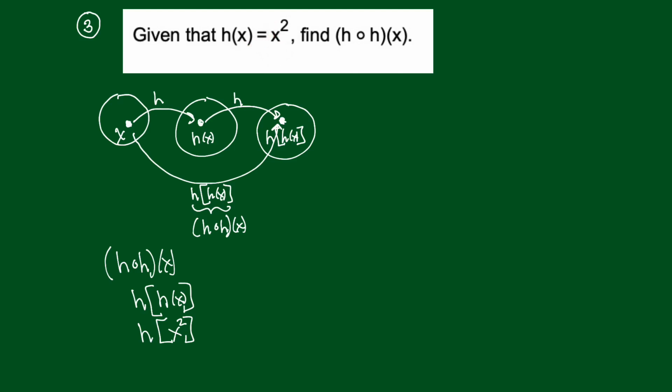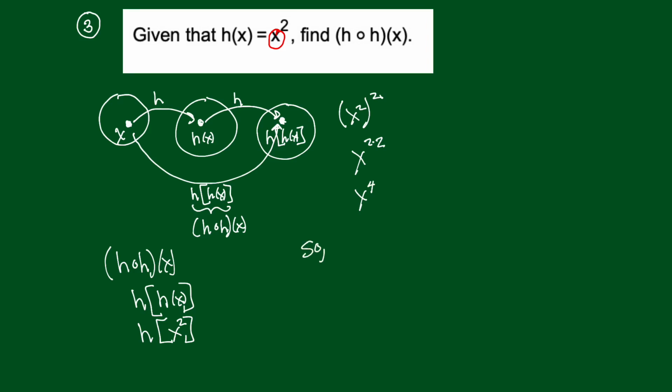This is going to be x squared squared, right? This right here, that's the x squared, and then I square it. Does that make sense? I've got x squared, so I'm going to put x squared right in here for x, and then I square it. Now this x squared squared, that's just x to the 2 times 2. I get x to the 4th.